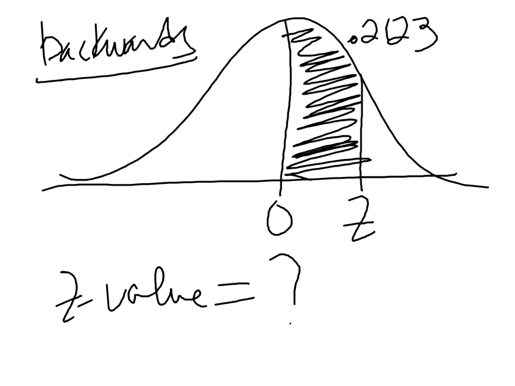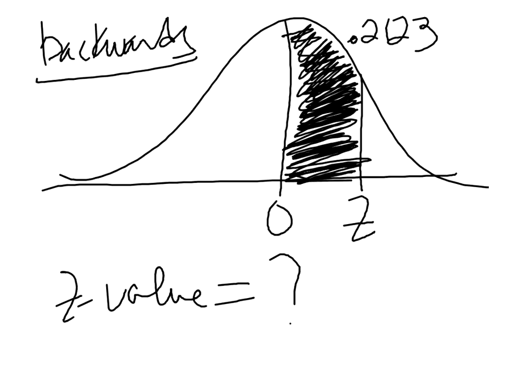Okay, so what z-value is associated with that area? Now remember, we're only interested in this area to the right of 0, but the z-value that would be related to it would be the same if we're doing this properly. What we're going to do this time is go into the actual tables and find the value that associates itself with 0.2123.